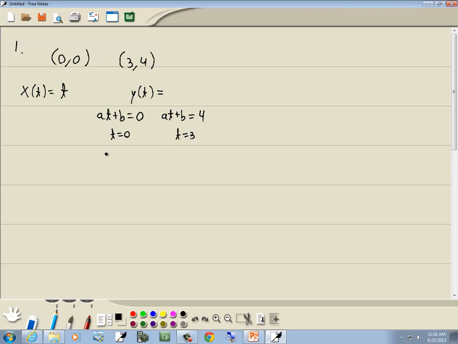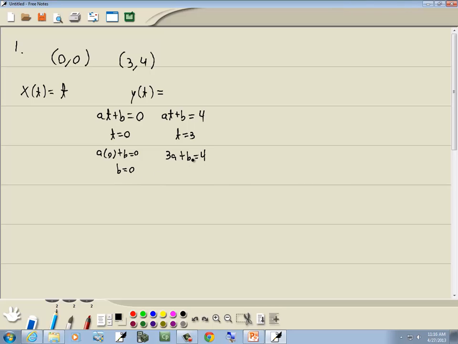Okay, so I'll plug 0 in for the t, and I get a times 0 plus b is equal to 0, which implies b is equal to 0. Now if I plug 3 in for the t here, I get 3a plus b is equal to 4. Well, the goal was to find out what a and b are, and this one was pretty simple.